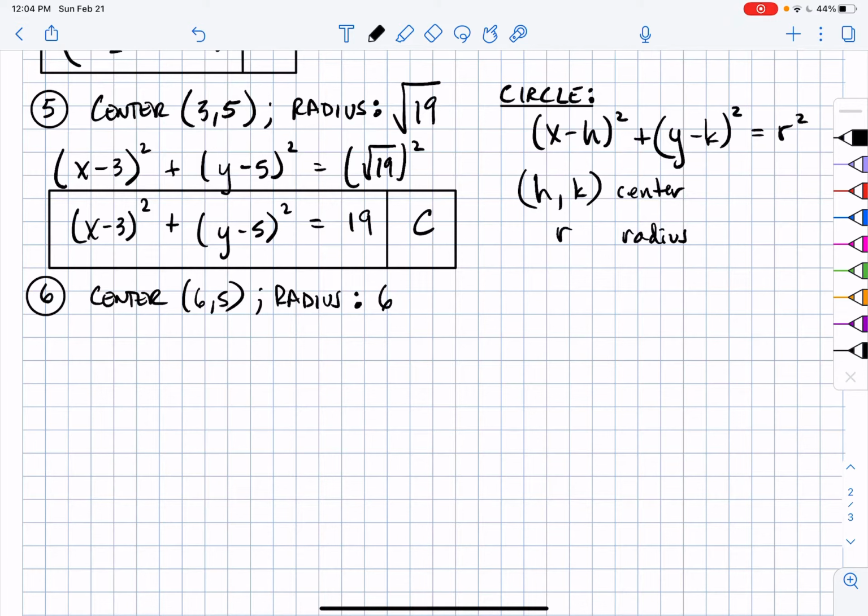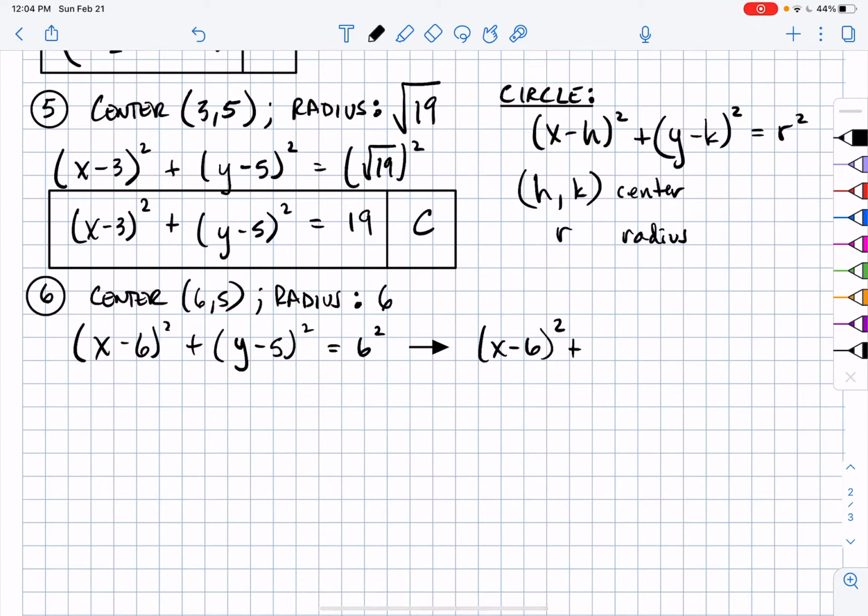So I'm going to plug it in. x minus 6 squared plus, not x, y minus 5 squared is equal to 6 squared. So my answer is actually going to be x minus 6 squared plus y minus 5 squared is going to equal 36. All right? And that, ladies and gentlemen, is going to be answer number A.